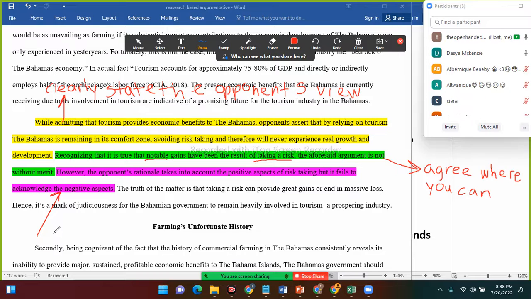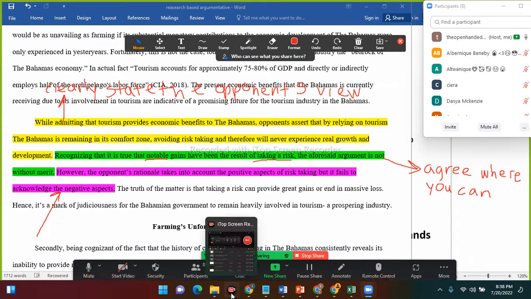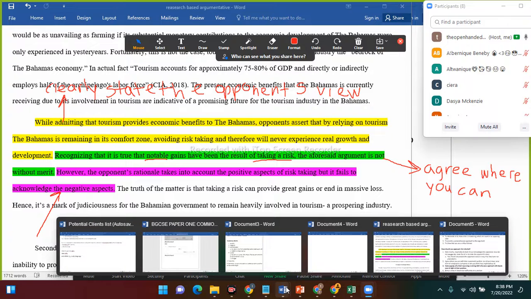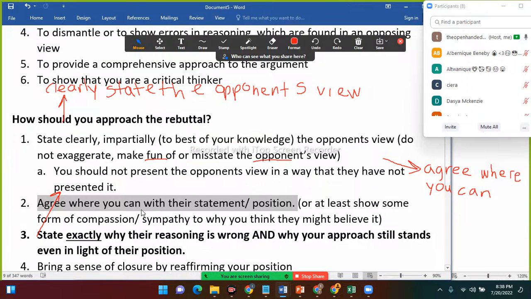Where there are cracks in their argument. Exactly. I'm stating where they fall short. That's the same thing we said inside the notes. We said, listen, you must state exactly why their reasoning is wrong, or why it lacks something, or where it falls short.